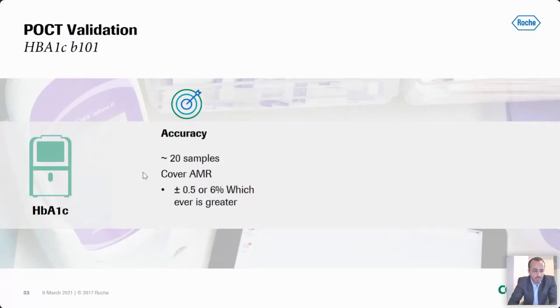Usually we recommend to use a double acceptance criteria, and this is plus or minus 0.5 from the actual percentage, or 6% when we are looking at high concentration discrepancies.